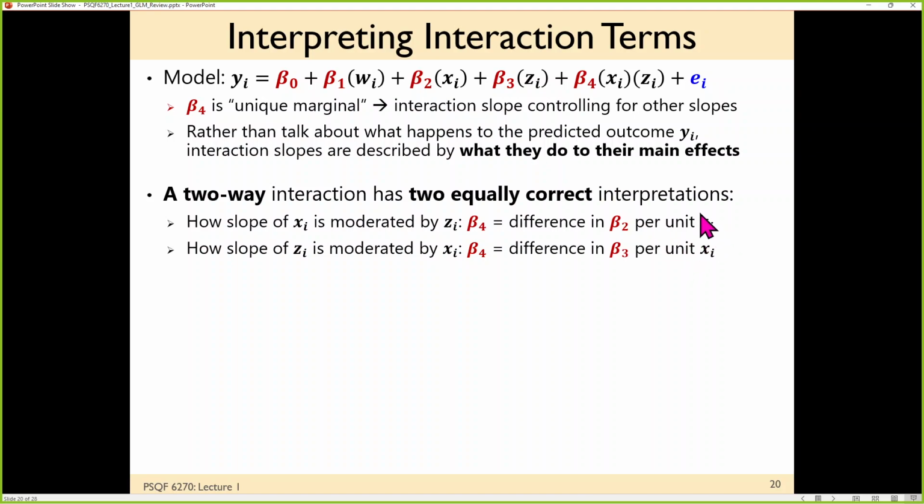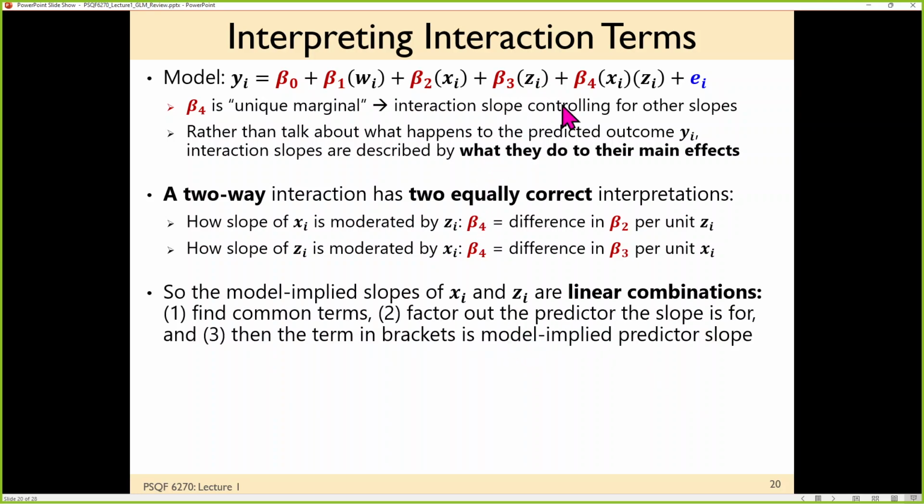Not how Y changes, how beta 2 does, the other one. Z could be the predictor instead, and X is the moderator, and then we would talk about how beta 4 changes beta 3. There is no mathematical way to say which predictor is the predictor and which is the moderator. That is entirely a substantive distinction. Up to you.